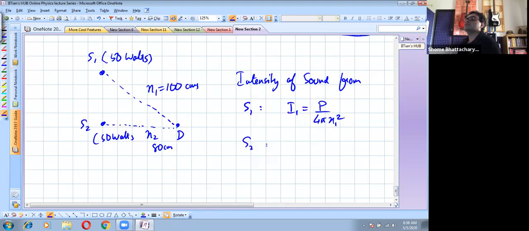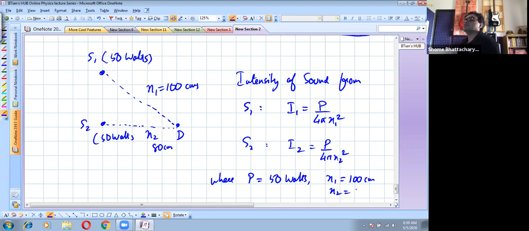And S2 similarly, where P is the common value of power, and x1 is 1 meter, x2 is 0.8 meters. So these are the individual intensities.